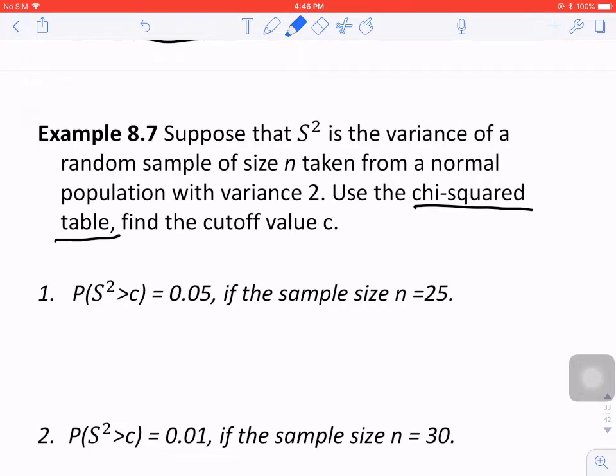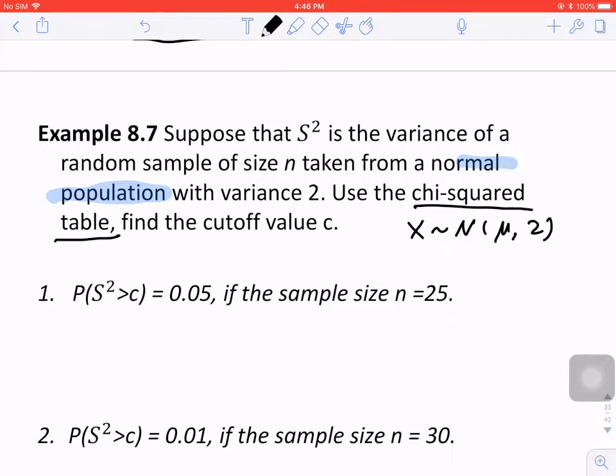Suppose that S squared is the variance of a random sample from a normal population with variance equal to 2. So we say x follows a normal distribution with variance equal to 2.